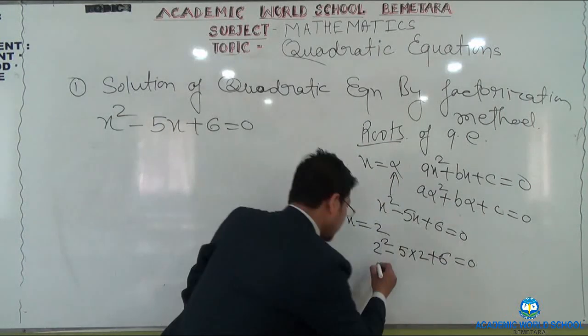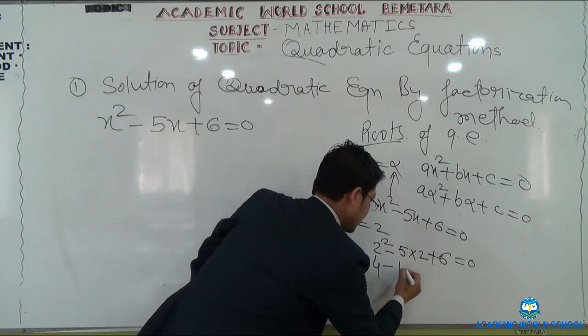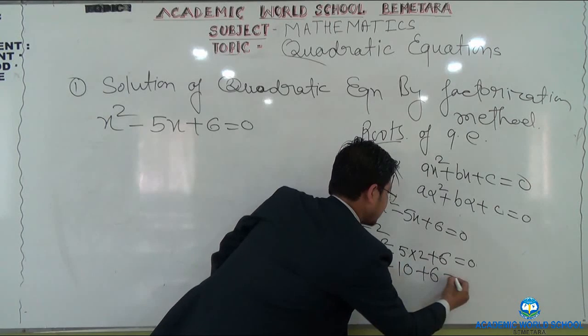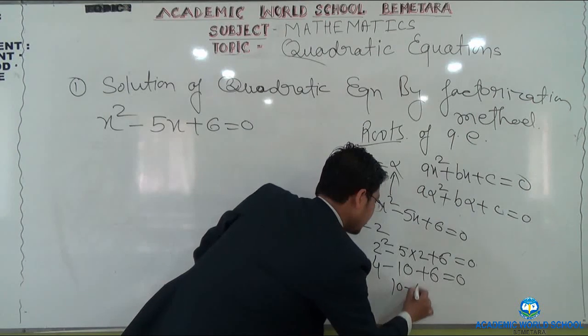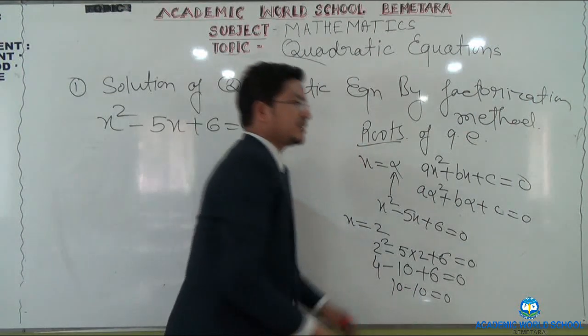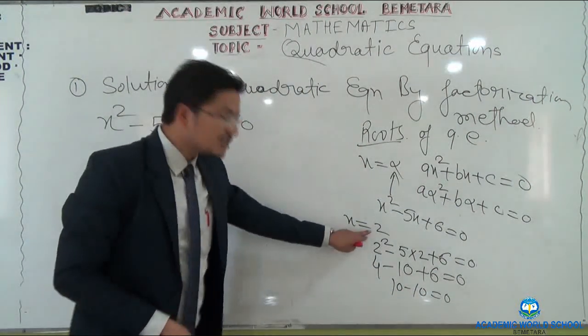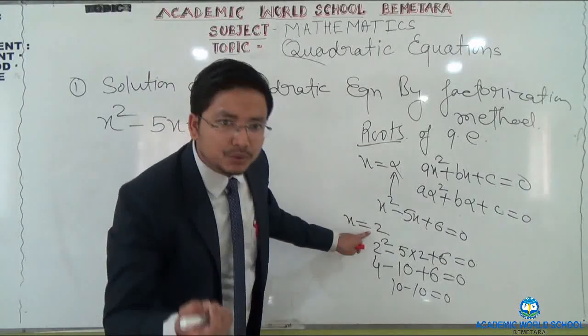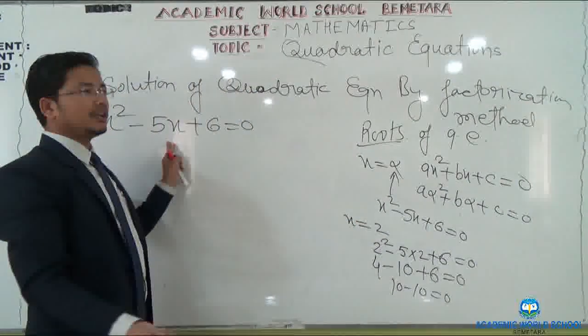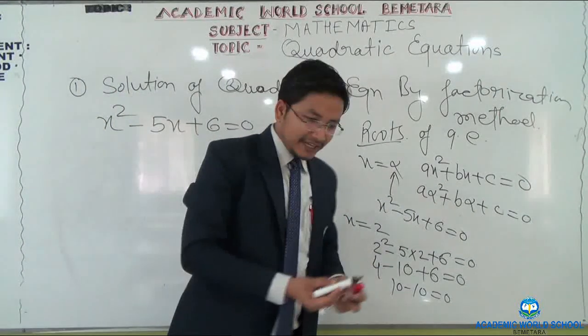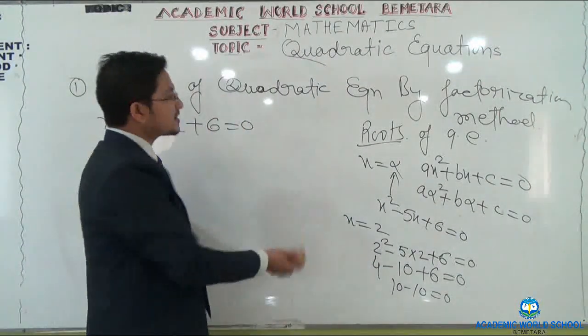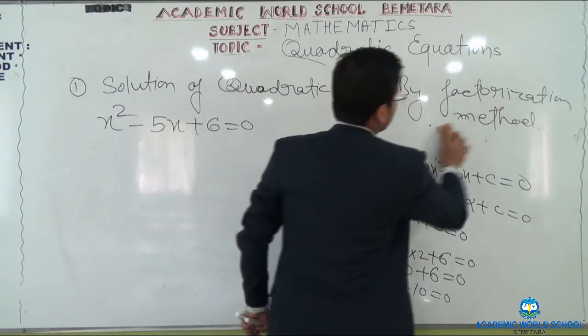So this is 4 minus 10 plus 6, which is 10 minus 10, equal to 0. Yes, it is 0. So x is equal to 2 is one of the roots of this quadratic equation. But we need to find the roots by the factorization method.